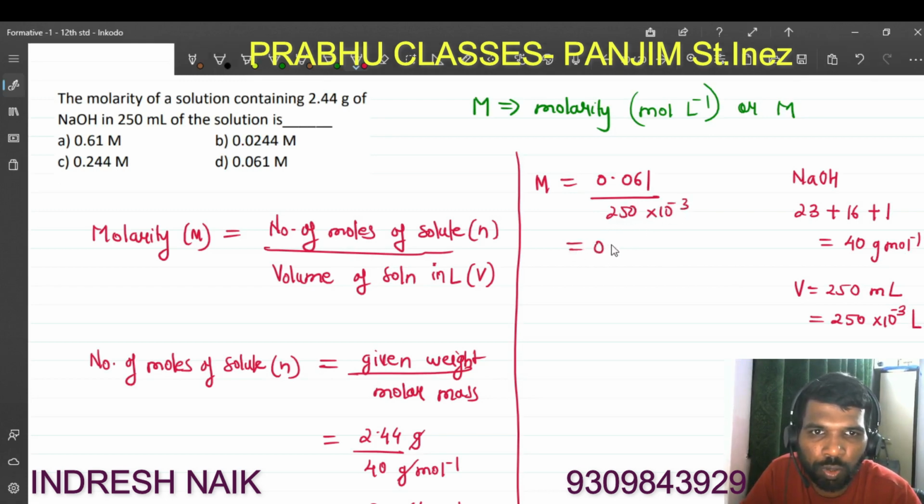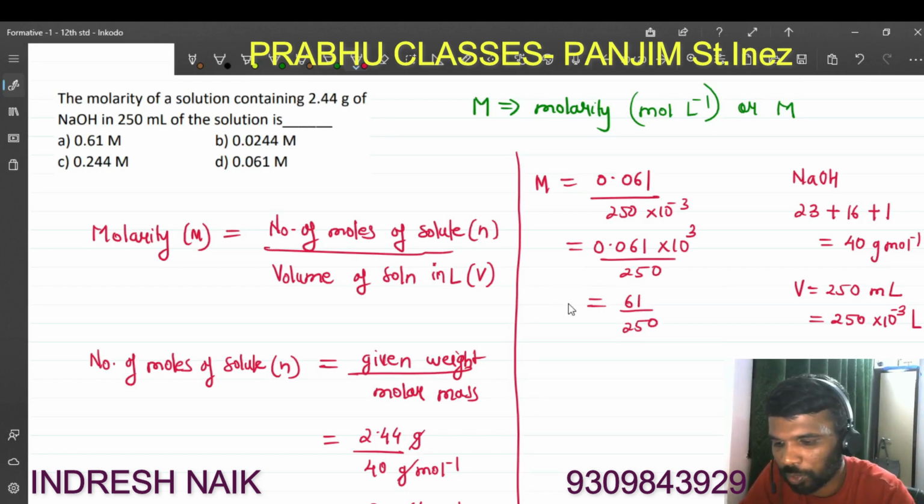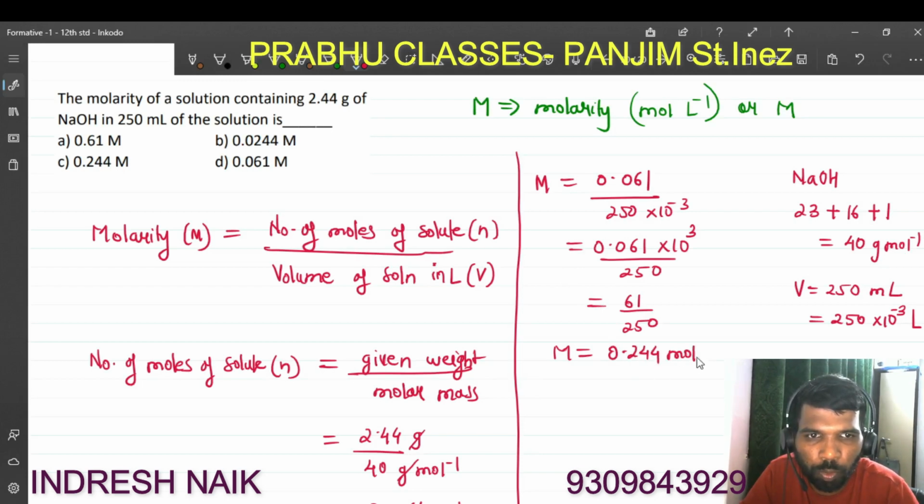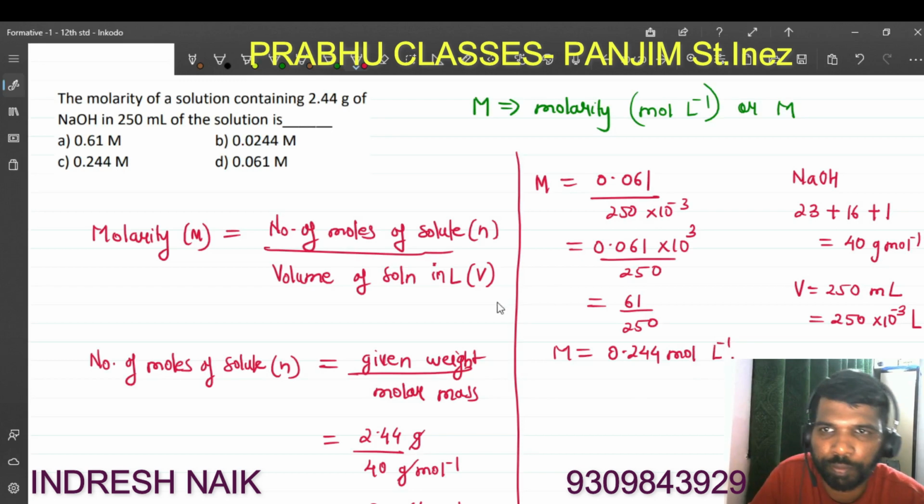So this will be 0.061 into 10 raised to power 3 divided by 250. Means over here 61 divided by 250. So molarity over here comes to be equal to 0.244 moles per liter.